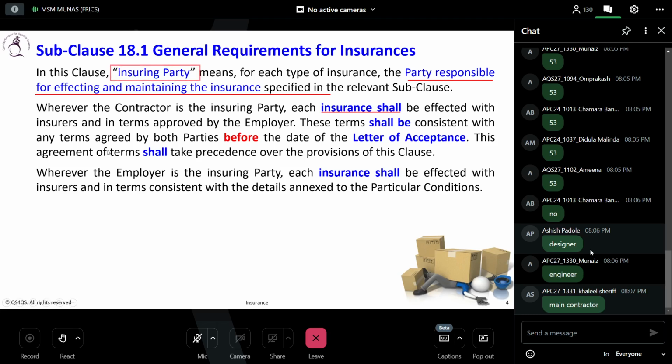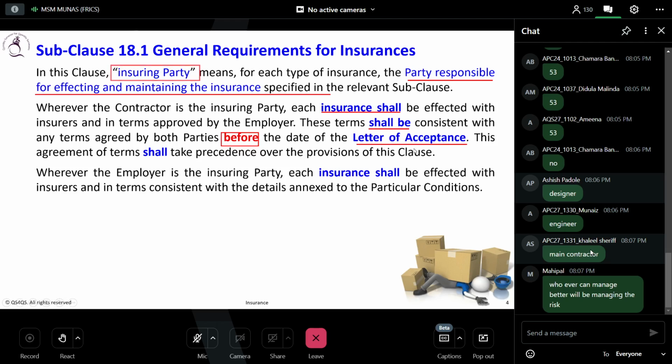Otherwise, wherever the contractor is the insuring party, each insurance shall be effected with the insurer and in terms approved by the employer. So there are terms and conditions. These terms shall be consistent with the terms agreed by both parties before the date of the letter of acceptance.